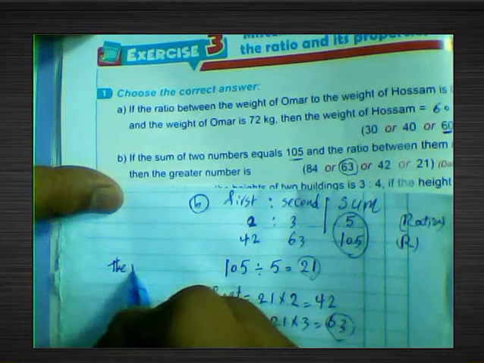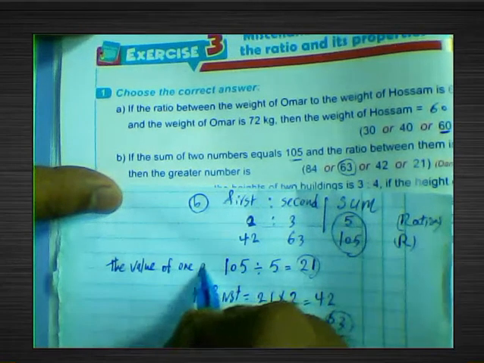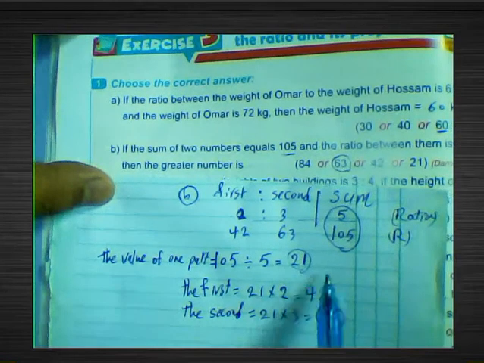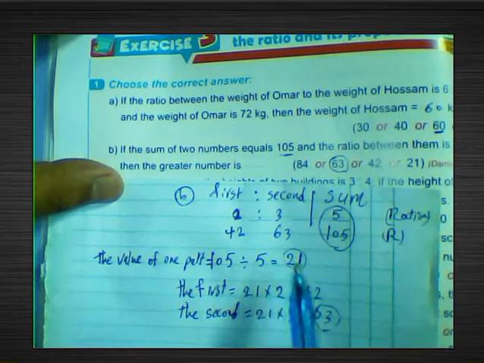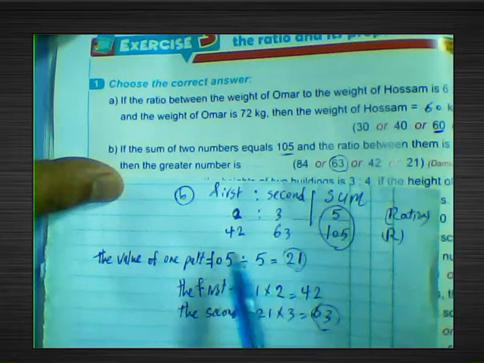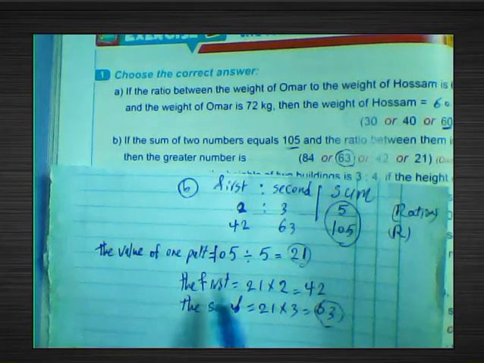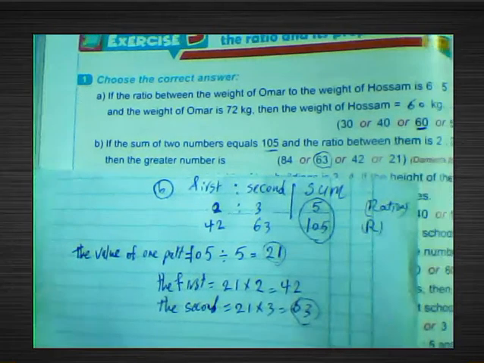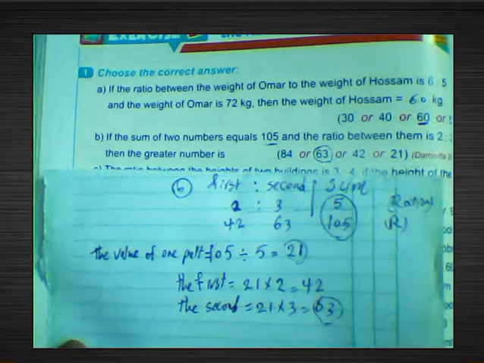Then we take 21 times 2 and 21 times 3 to find the two numbers. The first will be 42 and the second will be 63. The greater number is 63.